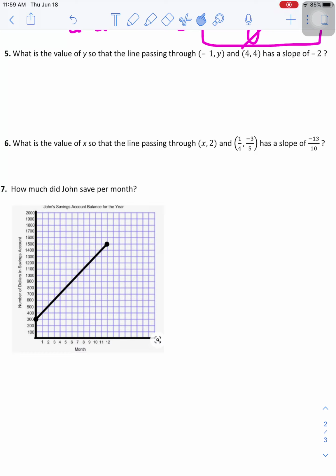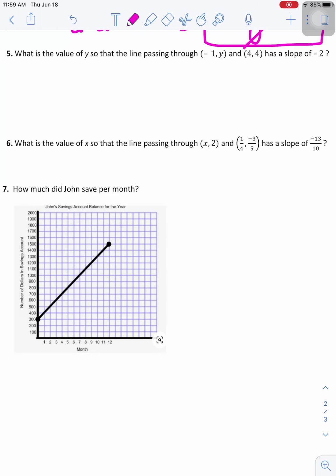Now you're still going to use your formula, but you want to start off with the fact that you know that the slope is -2. So rather than writing m equals, we know m. m is -2. So we know that -2 is equal to this quotient.